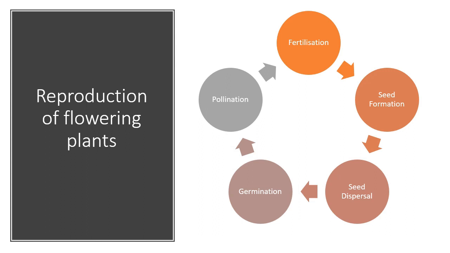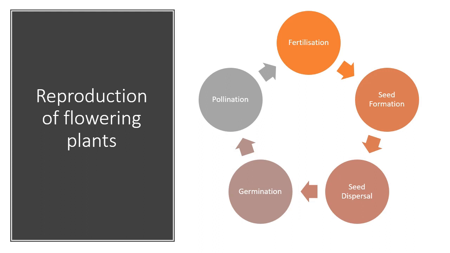So back again to the stages in the reproduction of a flowering plant. There are 5 stages. We can start with anything, but the order should be like this. So let's say I start with the fertilization. The next step will be seed formation.